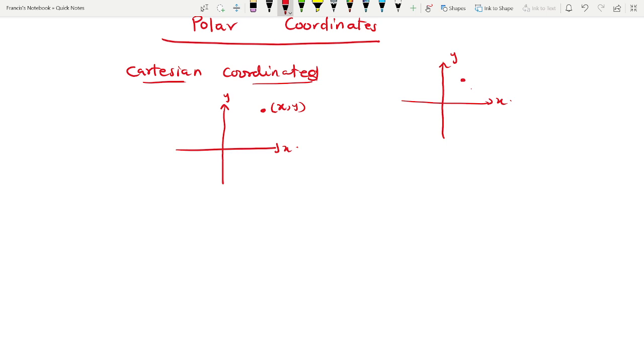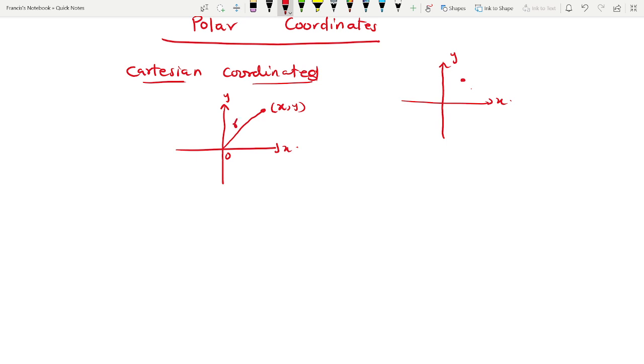In polar coordinates, we are not interested in the magnitude of x and the magnitude of y as it is, but rather the distance of this point from the origin O. The distance from the origin to the point of reference is given as r.